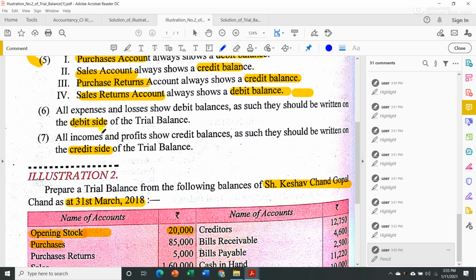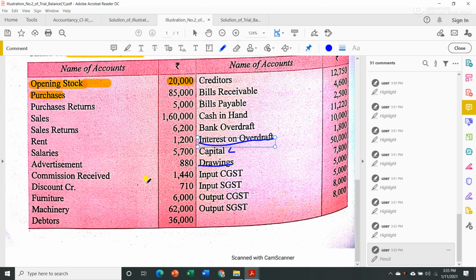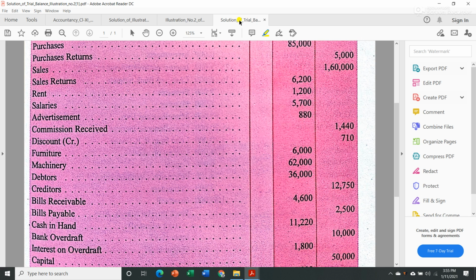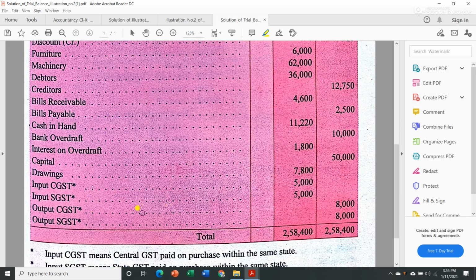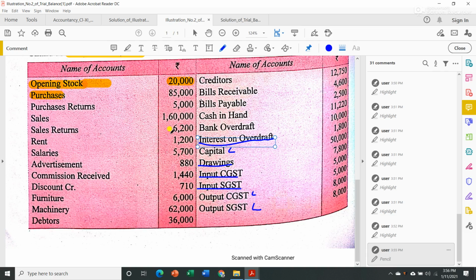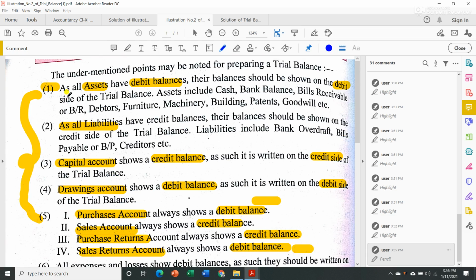Expenses are always debited, so input CGST and input SGST will be debit, and these two output ones will be credit. Now see the trial balance, it will be like this, and after that you have to find out the total. On both sides we have 2,58,400 and 2,58,400.